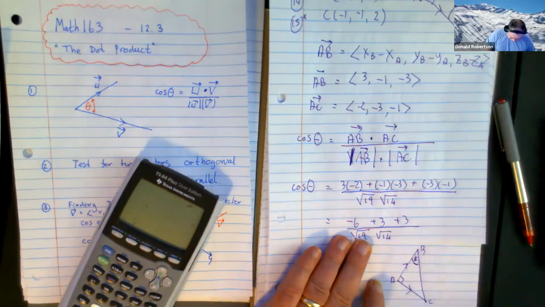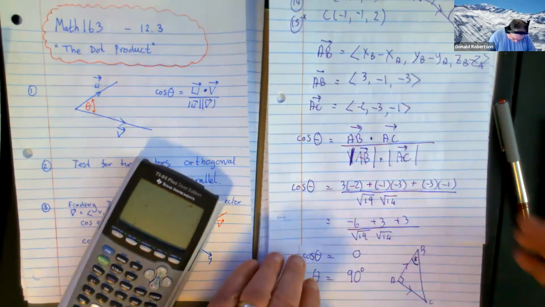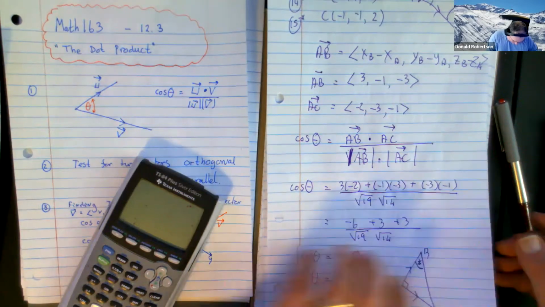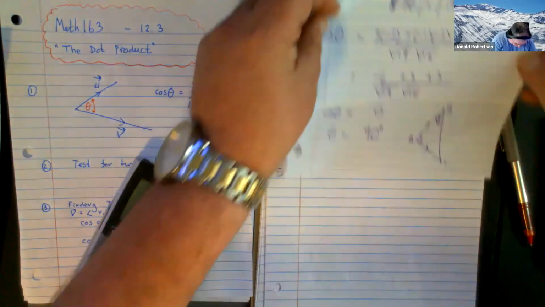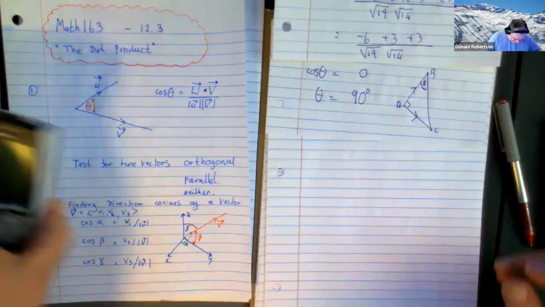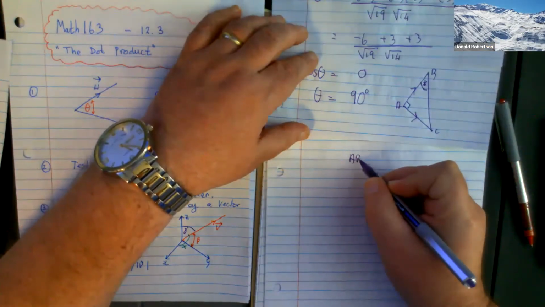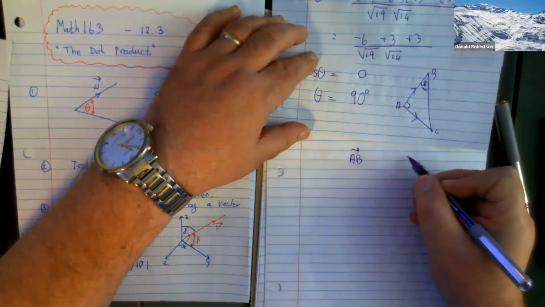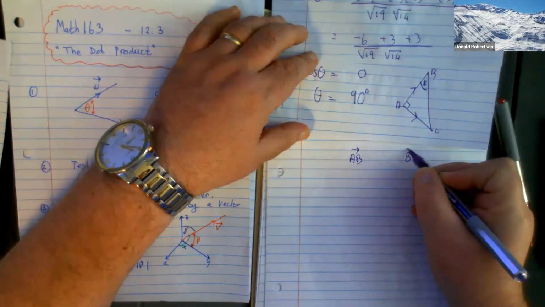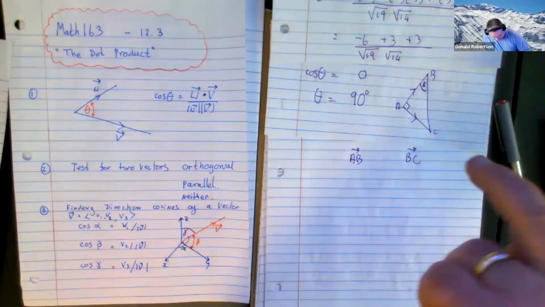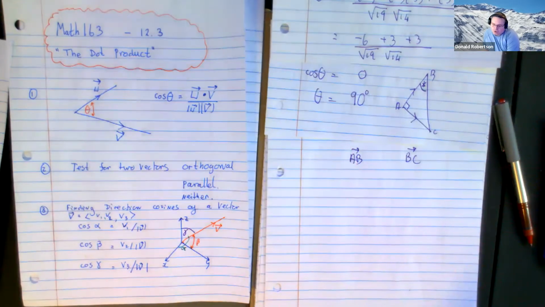I could have gone for C, but I'm going to go for B. And now I'm going to do a deliberate mistake here. I want the angle B, so I'm going to do AB, and the other one I'm going to find is BC. If I found those 2 vectors, I would not be getting the right angle B.